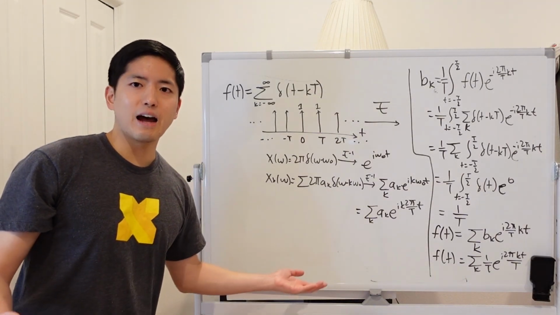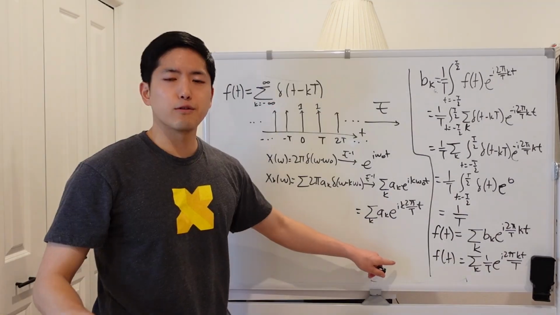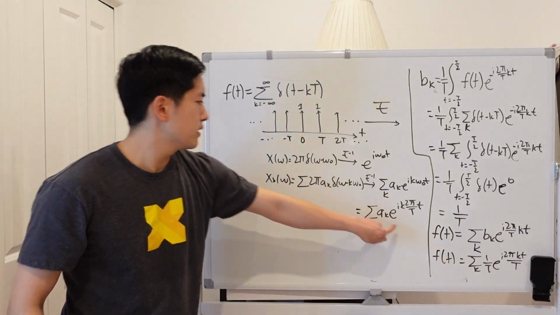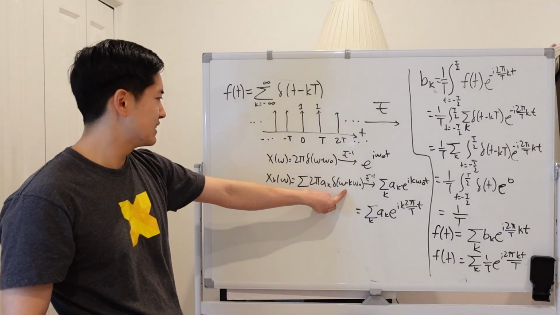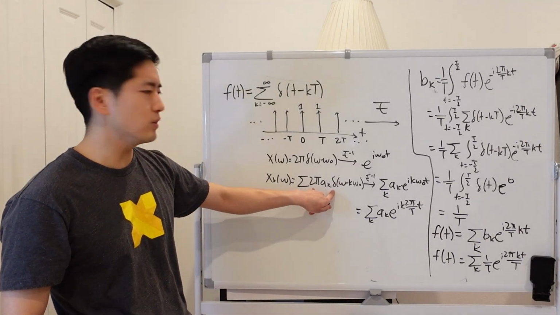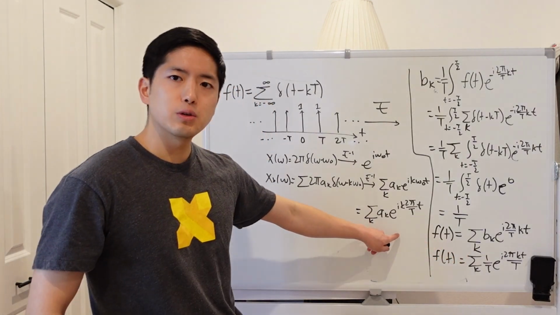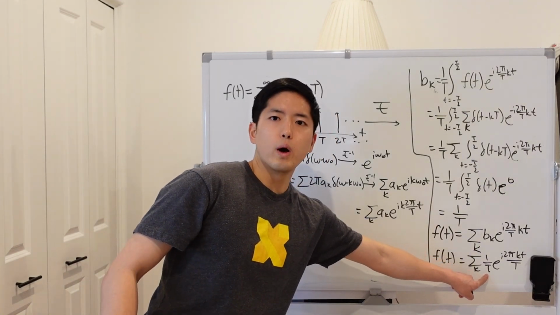So we basically have solved the Fourier transform of f of t. So the Fourier transform of a sum of shifted impulses is also a sum of shifted impulses, right? Of course, each of them are scaled. So in this case, all we have to do is match a of k with 1 over T.